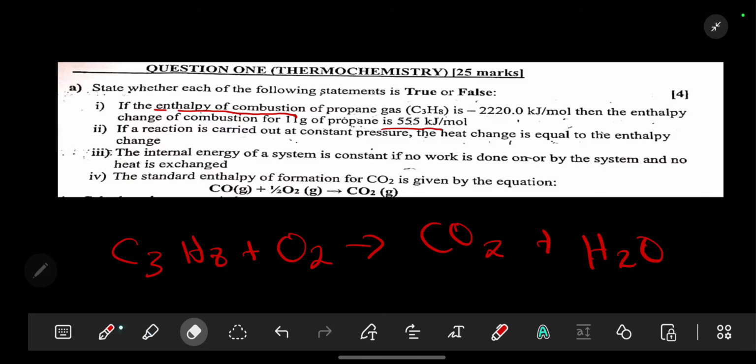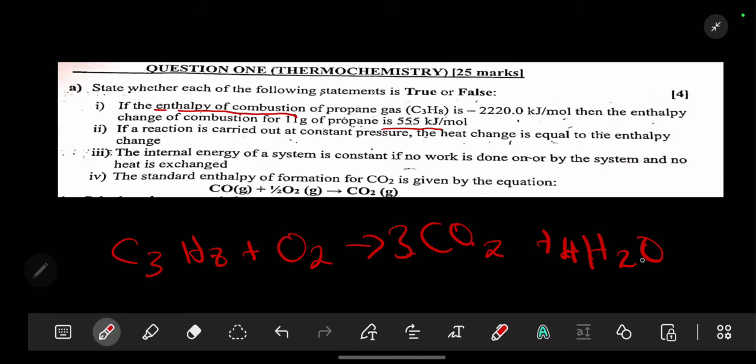Since there are 8 hydrogens, we are going to put 4 in front of the water, so that 4 times 2 is 8. So we have 4 oxygens. Then carbons, we need 3, so we put a 3 there. So we have 6 oxygens plus 4, that's 10.